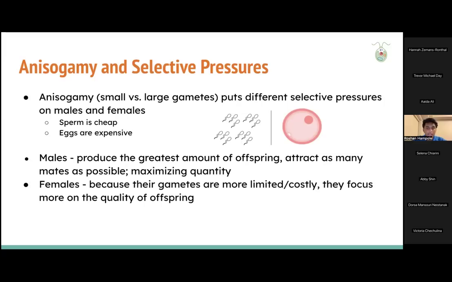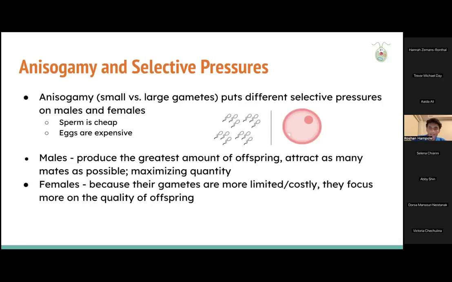So what we find is that the selective pressure with males is that they want to produce the greatest amount of offspring and attract as many mates as possible, maximizing the quantity of offspring. How anisogamy affects females instead is that because gametes are more limited and costly, they focus more on the quality of offspring, hence why they're more choosy. So this is why you might hear that anisogamy is the reason that females will be choosy.